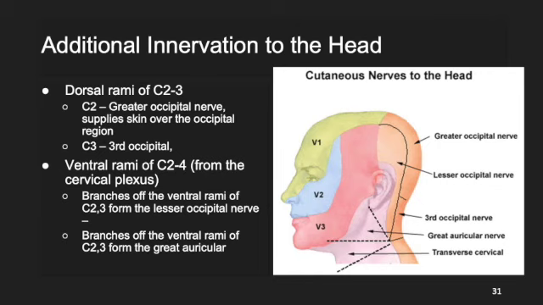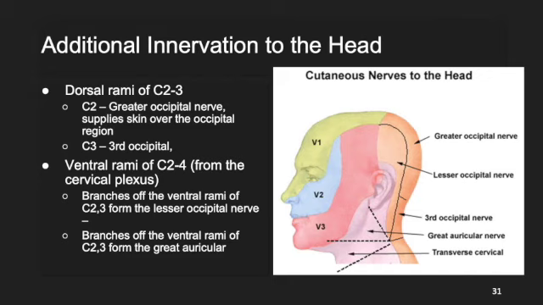So looking at additional innervation to the head, honestly, we've gone over this stuff last semester. So understand that dorsal rami C2, C3, that C2 is going to be the greater occipital nerve. That's going to provide cranial innervation to the posterior cranium. Third occipital nerve, we can obviously see where that goes. That's going to be a little lower, more into what we consider kind of the neck region or distal to the skull.